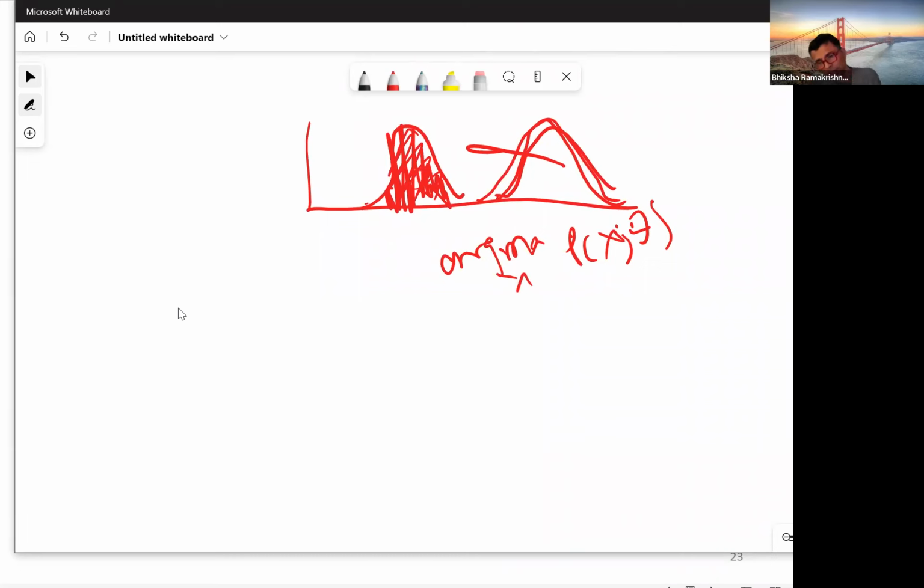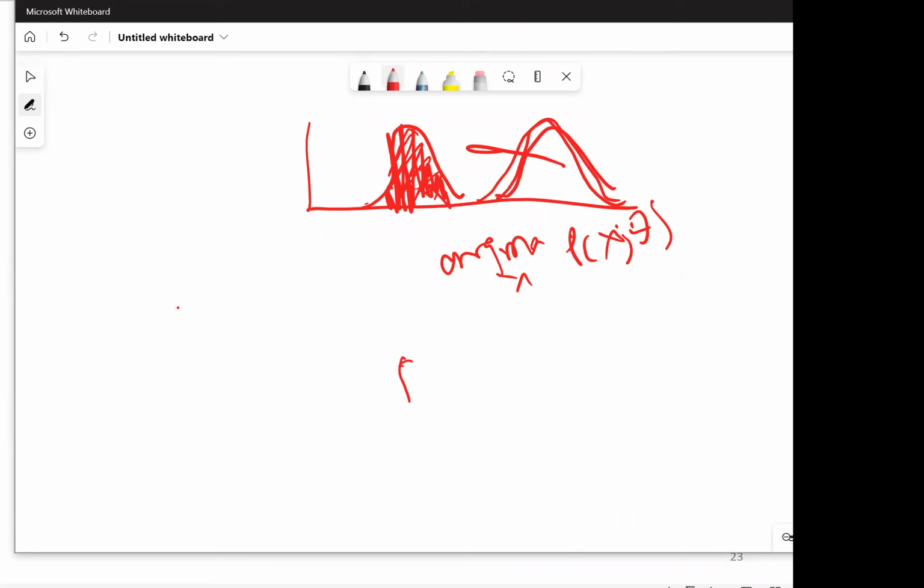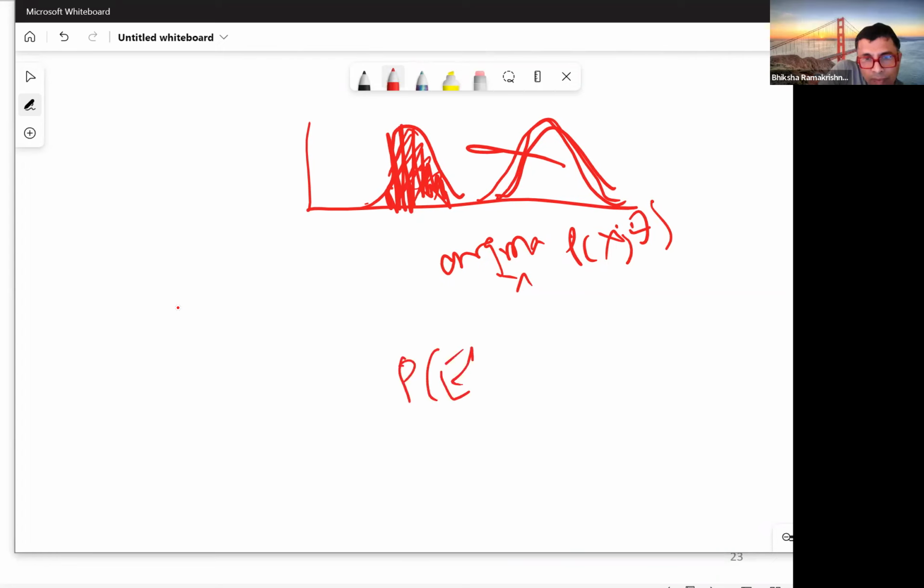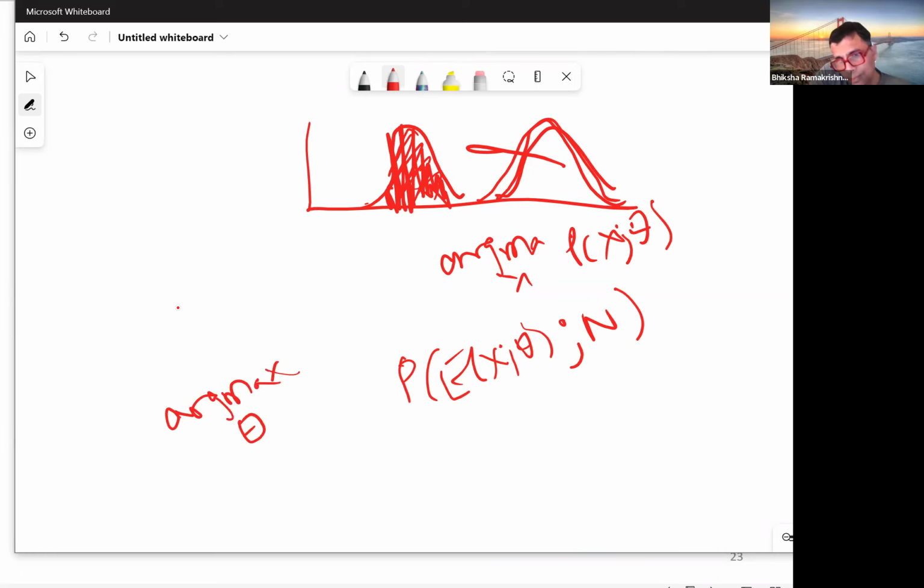Because it works both ways, I can actually say p of the encoding of X semicolon theta, as given by a standard Gaussian, must be maximized. Or I could put a log over here and it's the same thing.